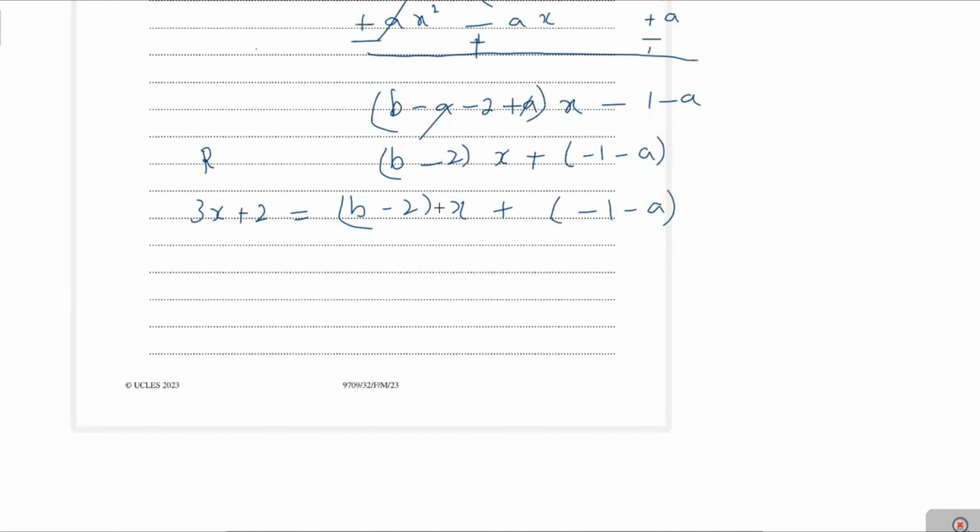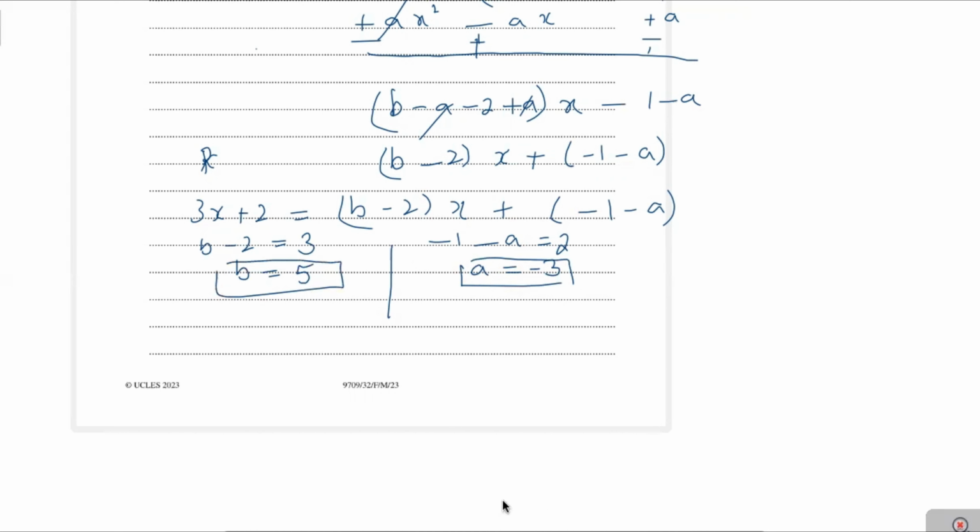Now this remainder will be equal to the remainder after long division. Now we compare the coefficient of x. Now b minus 2 will be equal to 3 and minus 1 minus a will be equal to 2. Therefore, b will be equal to 5 and you see here a will be equal to minus 3. And this is the answer.